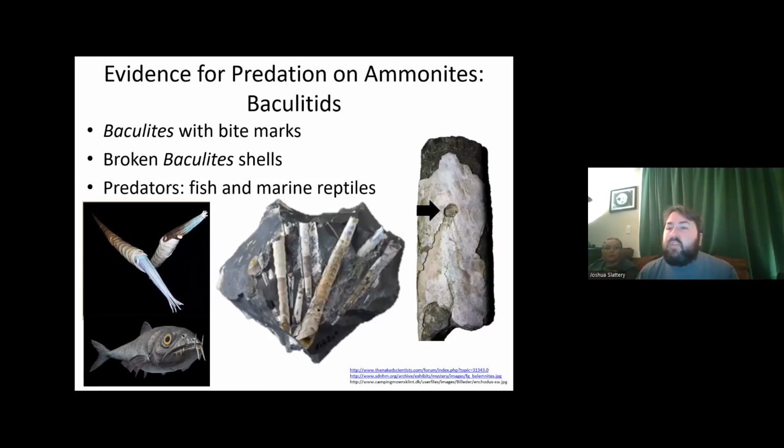Some people have suggested maybe they're breaking up just from being moved around on the sea bottom, but it doesn't always make sense that they'd break up on this kind of soft, muddy sea bottom. What we actually think is that they are being preyed upon, and probably very frequently. Every time they were attacked, their shells would be deposited on the sea bottom. And if you go through large collections of baculitids, you start seeing small marks that look like they were punctured by some kind of fish or marine reptile.